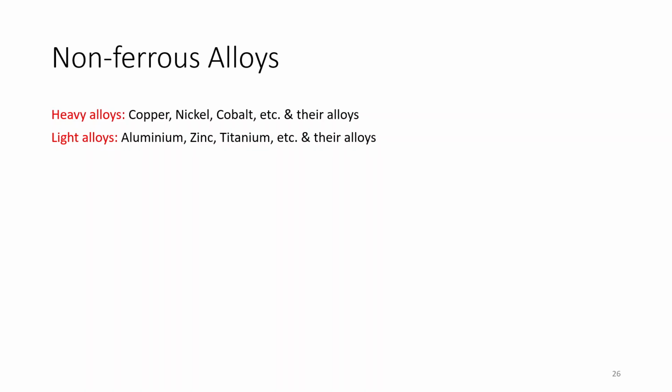In the automobile or aerospace sector, when you are selecting materials for making aeroplanes or automobiles, you try to choose lighter materials so that fuel consumption is lower. That's why aluminum and titanium are being researched a lot.